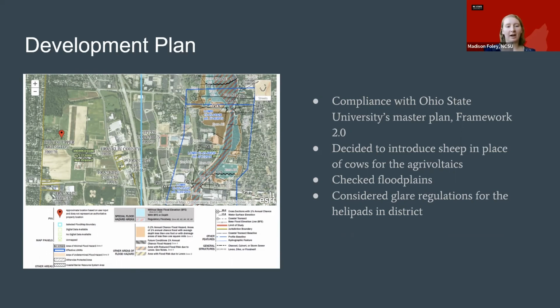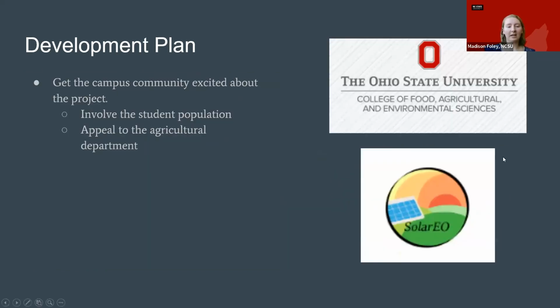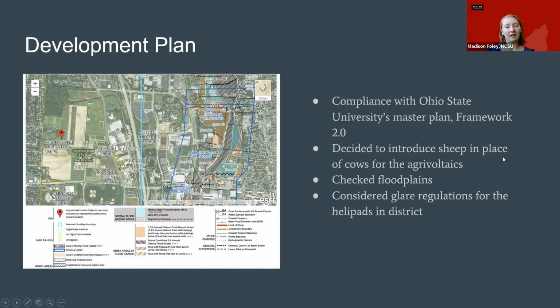After researching how cows are not the best suited grazing animals for solar farms, we decided to introduce sheep in place of cows. We also checked floodplain maps to ensure flooding would not be an issue in our proposed locations, as well as considered glare regulations for the helipads in district and made sure there would be no intense glares coming from our arrays. Finally, we proposed a timeline for permitting, construction, and interconnection, and with the assumption that there would be no supply chain issues, our proposed timeline is 9 months.